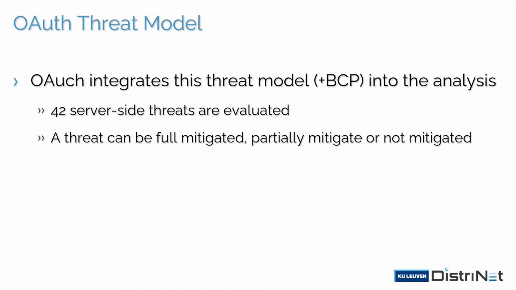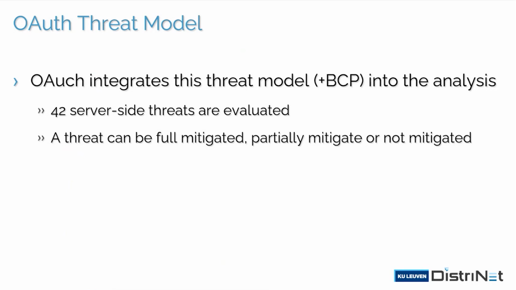We know for each of these threats which countermeasures can protect against it, because this is information in the threat model. And we know which countermeasures are implemented by your authorization server, because this is what we test with the test cases in OAuch. Then we can compute what your results are.